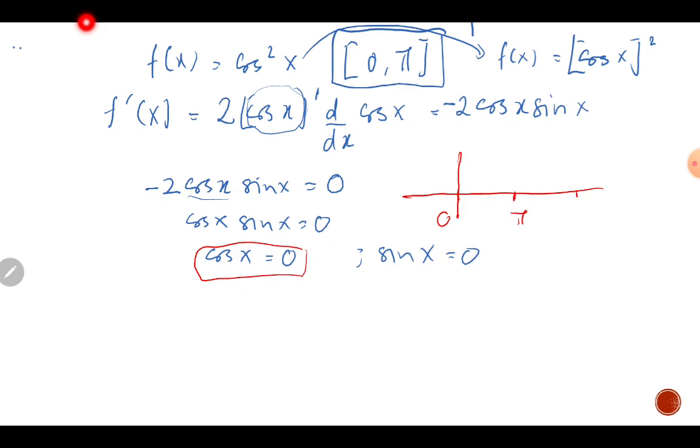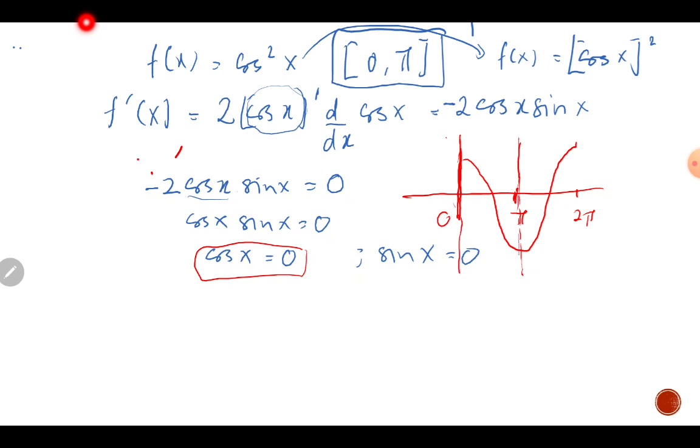So, ni 2 pi. Biasa kita lukis macam ni kan. So, kalau cos x sama dengan kosong, dia punya graf dia macam ni. We just want to determine yang sampai sini je. 0 to pi sahaja. Between 0 to pi.